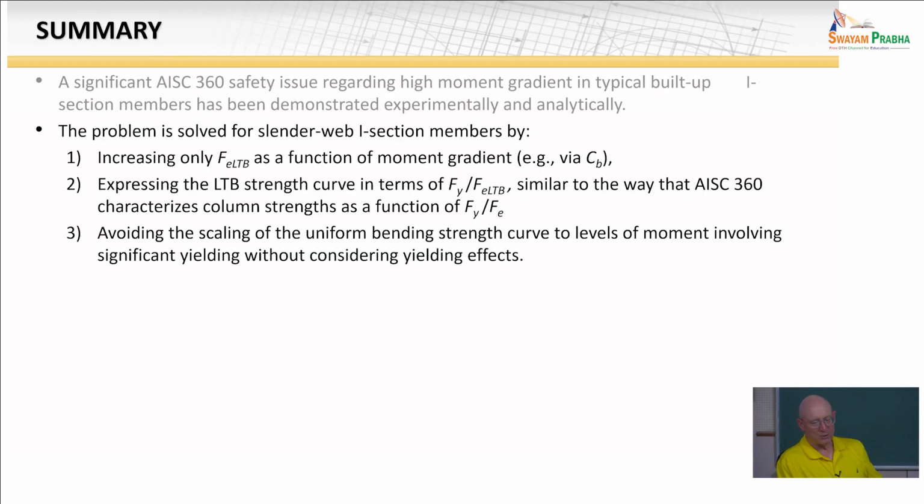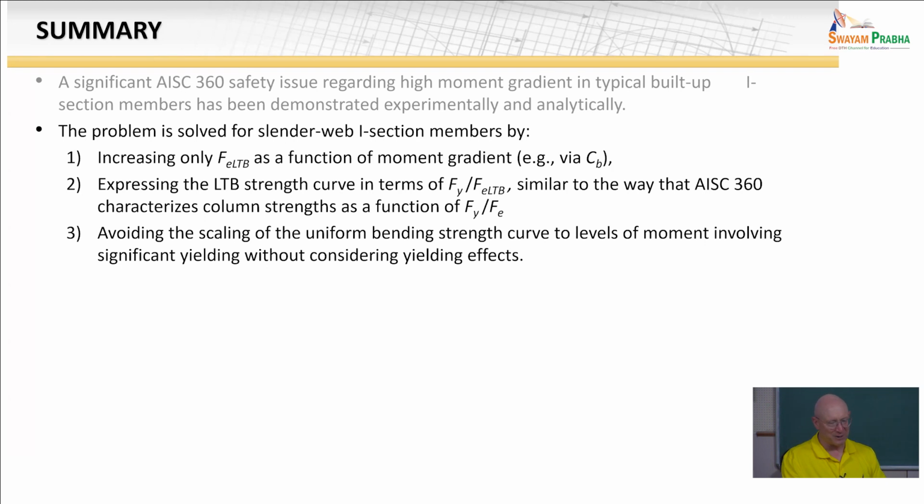We use the elastic Cb only with calculating the elastic lateral torsional buckling stress. We're not scaling a curve that's an inelastic strength curve by an elastically derived factor. We're expressing the LTB strength curve in terms of the non-dimensional slenderness, lambda LT, equal to the square root of Fy over Fe LTB, or F critical LTB. And that's similar to the way we handle column curves.